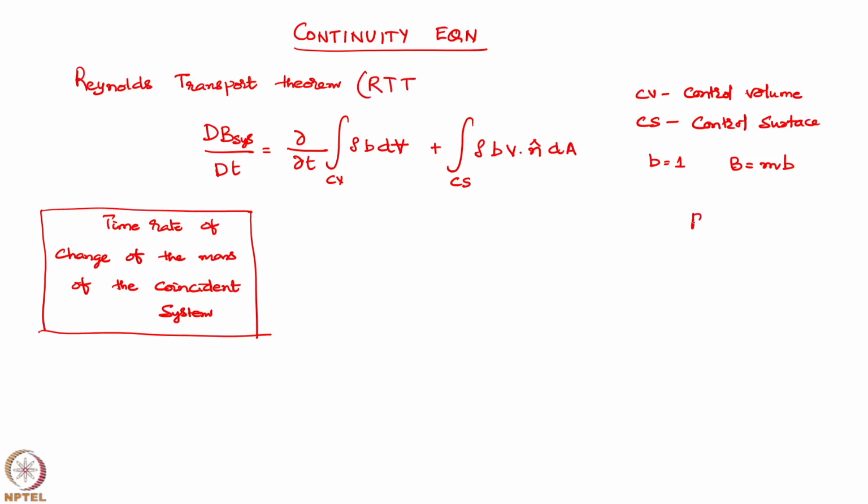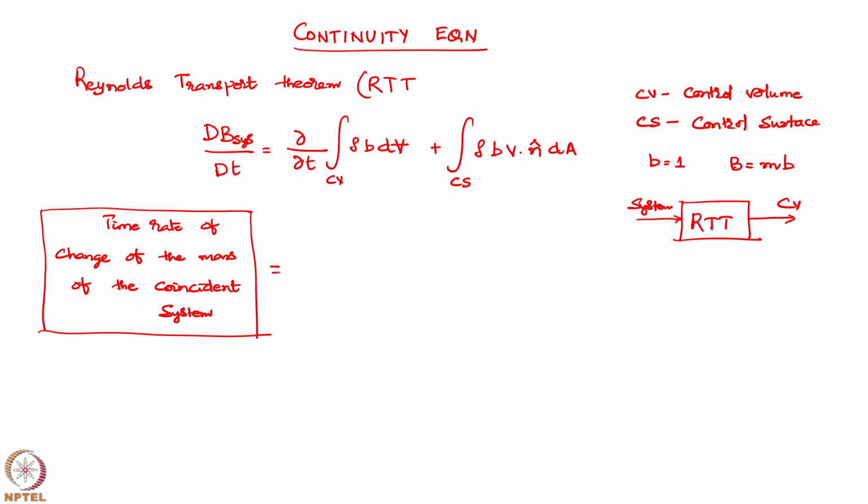RTT is a tool to transform the conservation of mass, momentum and energy from system to control volume. How can I apply the conservation principles which I have applied for mass, momentum and energy for a system to a control volume? That is what is done through Reynolds transport theorem.